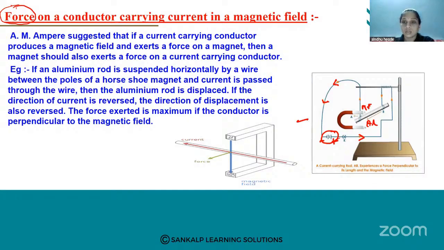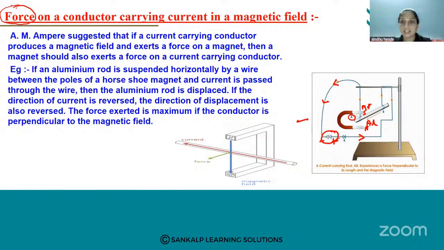Here, when the field is generated, at that time, this aluminium rod shows some displacement. When current flows in the circuit, a magnetic field is generated, and along with it the aluminium rod gets displaced. Just consider initially the magnet has this south and this north, and the aluminium rod has points A and B here. Then current starts flowing in the circuit. Field is generated through this conductor.